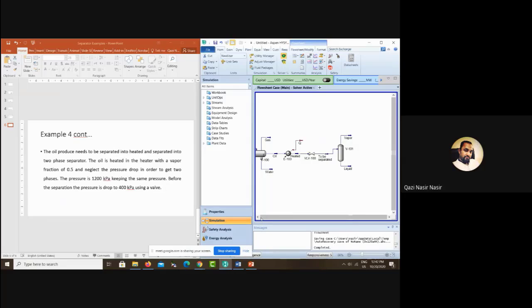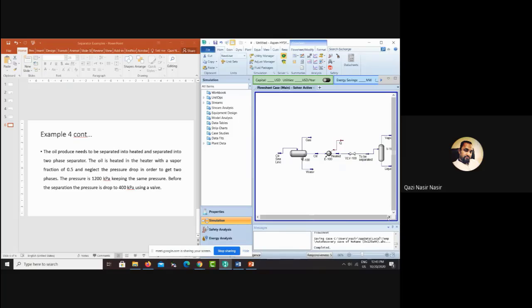If you look at this whole thing, what do you think about your stream, your feed? Which fraction do you have the most of? Any idea? In your inlet stream, do you have a majority of light components or a majority of heavy components?